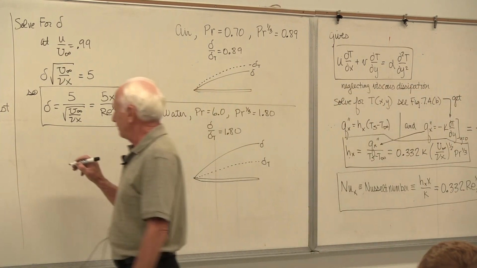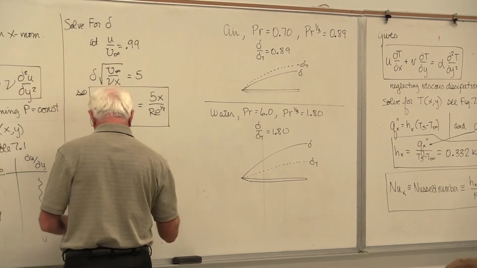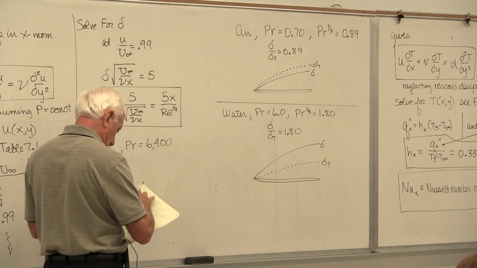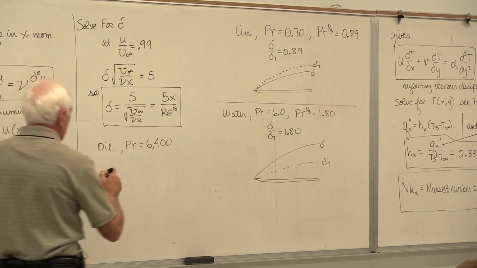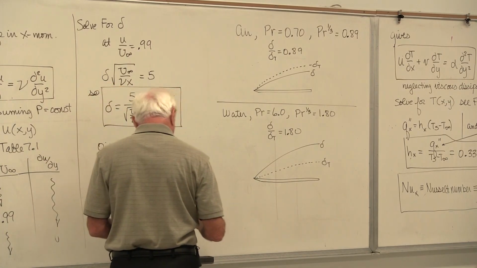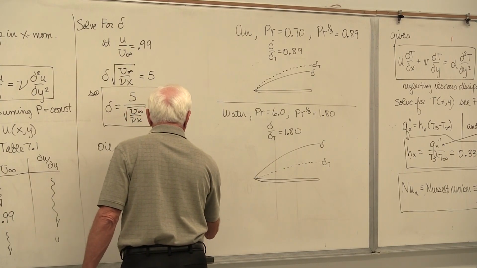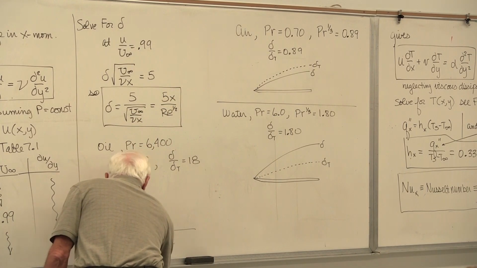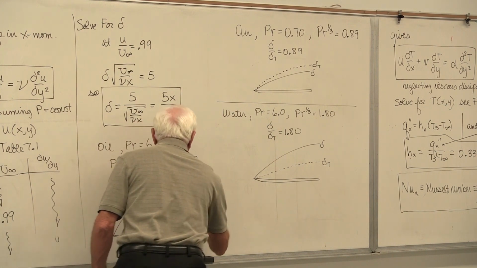Now let's take another popular fluid, oil. For oil, the Prandtl number is very, very large, 6,400. Prandtl to the 1/3, 18. Delta over delta T is 18. So here's the flat plate, here's the velocity boundary layer, delta.